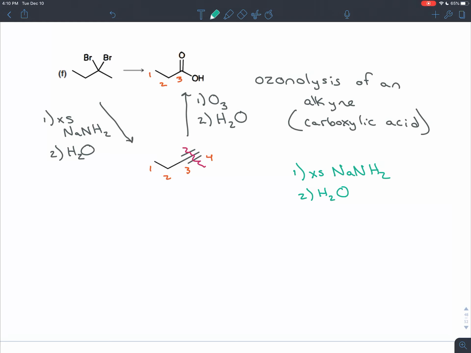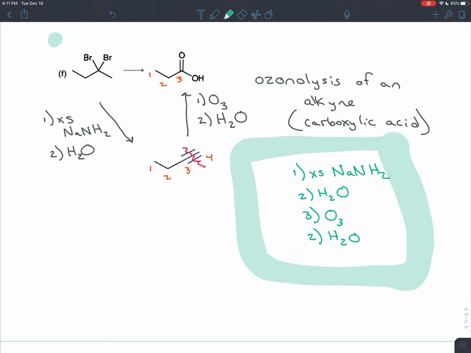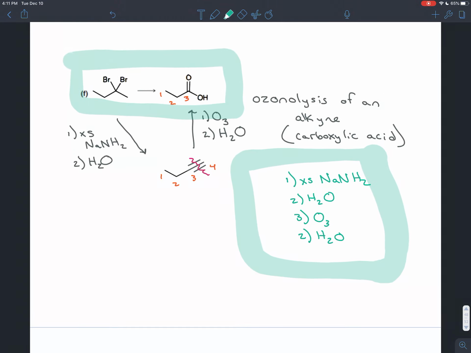Once we have that terminal alkyne, we can do the ozonolysis to get the carboxylic acid. The first step in the ozonolysis is bubbling ozone through our solution, and the second step will be another water wash. So these 4 steps would achieve this transformation.